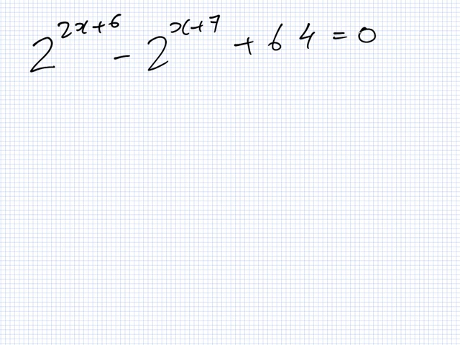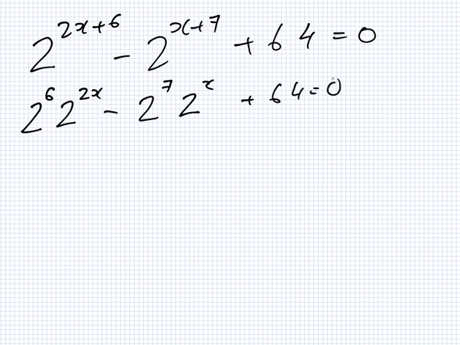Okay, do some people have this? Yes? No? Some people look quite confused. Let's have a look at this now. So the trick here is I should change this into 2^6 times 2^(2x), minus 2^7 times 2^x, plus 64 equals 0. 2, 4, 8, 16, 32, 64, so 2^6 is 64.